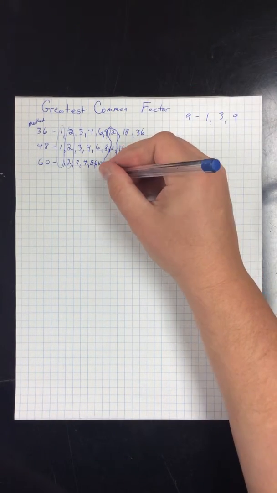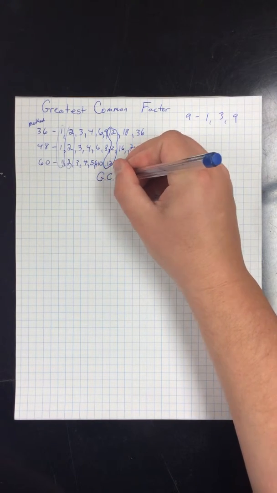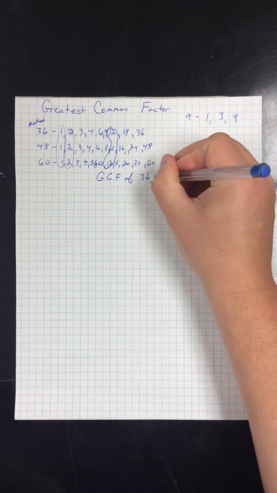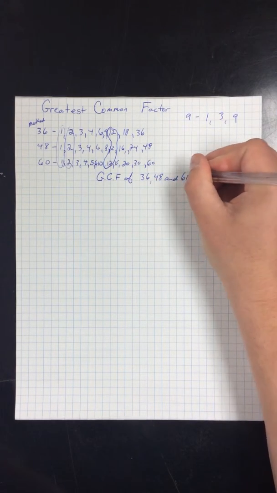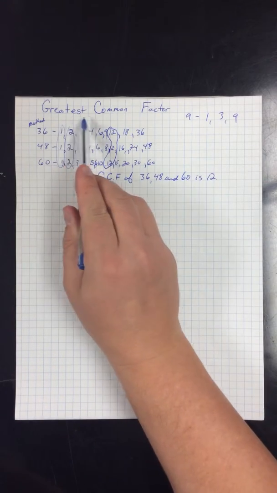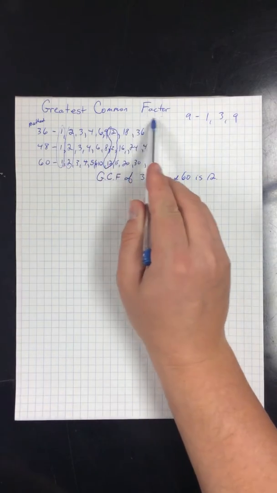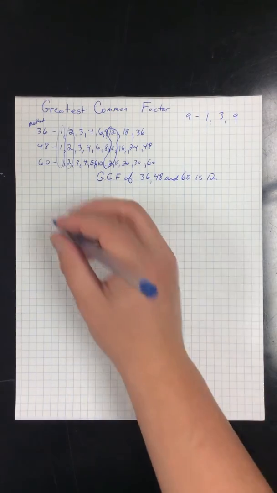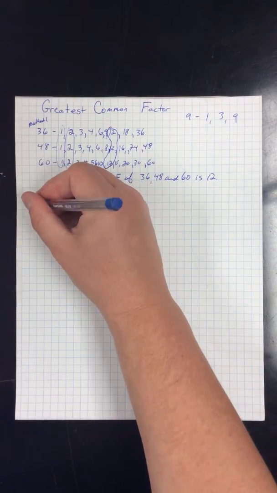So the greatest common factor of 36, 48, and 60 is 12. It's the largest number that's in all three lists and is a factor. So 12.